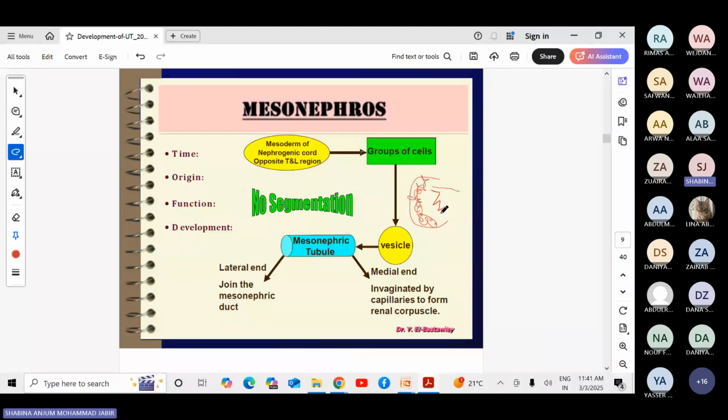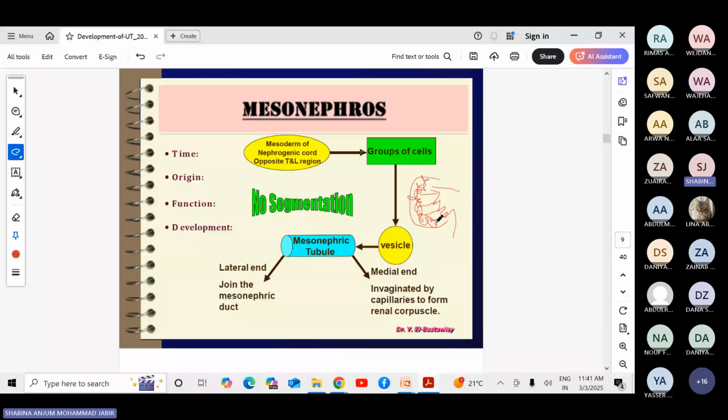When it is completely developed, the minor calyx and major calyx will invaginate into the pyramids. Do you remember this? It should be at the apex of the pyramids. So this means they are fused.